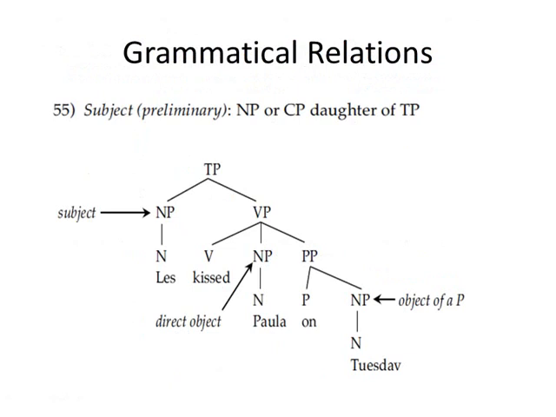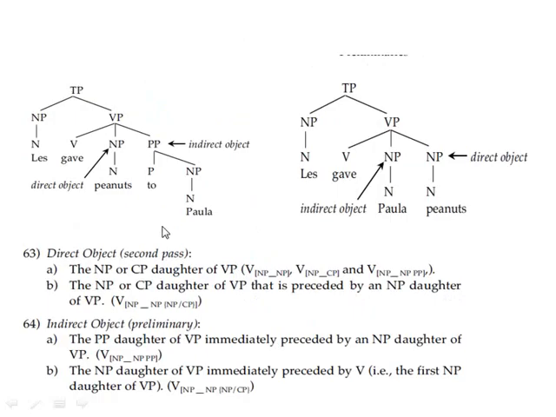It's about the relationship if we talk about subject and object. Jadi di sini yang pertama, subject is noun phrase or complementizer phrase, daughter of TP. Jadi di sini noun phrase daughter of TP is the subject. Now when we talk about direct object here, direct object here is noun phrase daughter of VP.